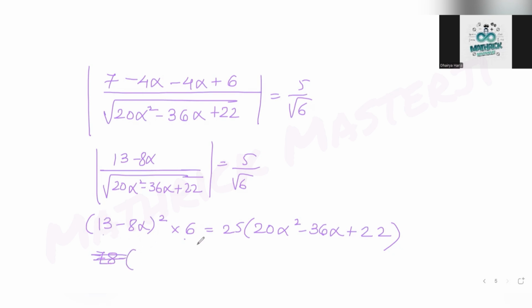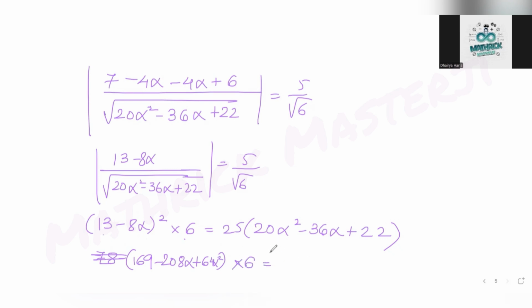So a minus b the whole square. So a square, so 13 square, 169 minus 2ab. So 13 into 8, which is 104 into 2. So 208 alpha plus 64 alpha square is equal to, times 6 also we have to do.